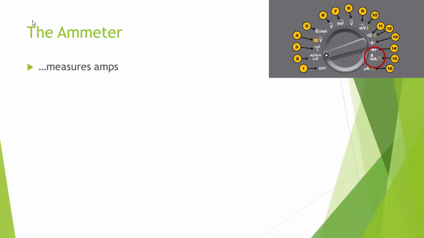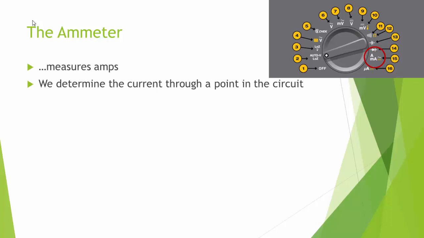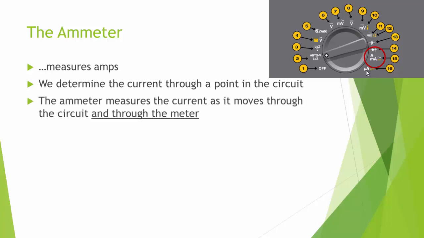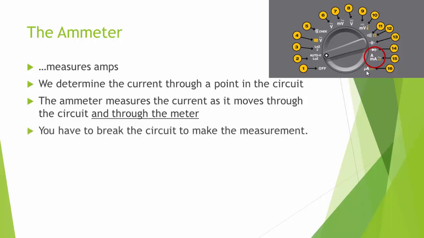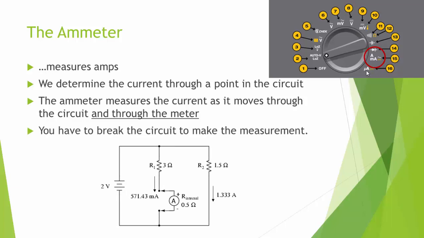So in order to use the ammeter, the first thing we do is we turn the dial to A for amps, or if we're expecting very low current, to one of the ones with a small prefix. So the ammeter will measure the current as that current moves through the circuit and through the meter. So what this means is we have to break the circuit to make a measurement.